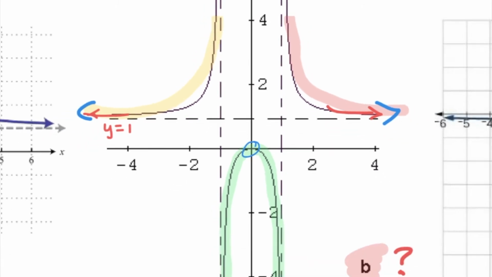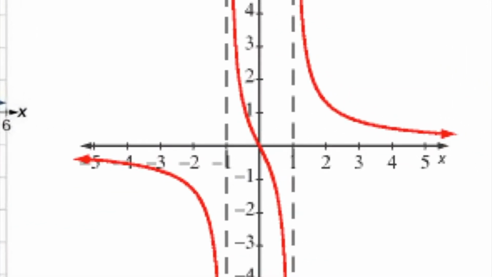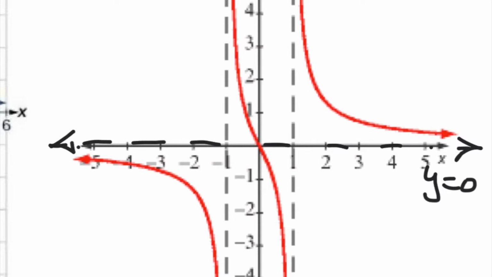The difference between a horizontal asymptote and a vertical asymptote is that the graph can cross a horizontal asymptote in the middle. So you might have a situation like this last graph here, where your horizontal asymptote is y equals 0, and that's your end behavior as well.